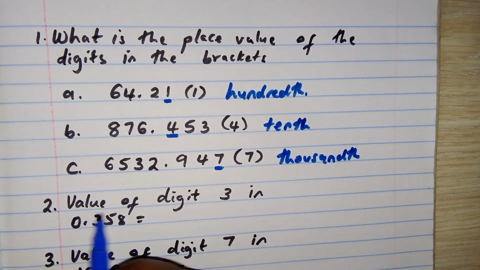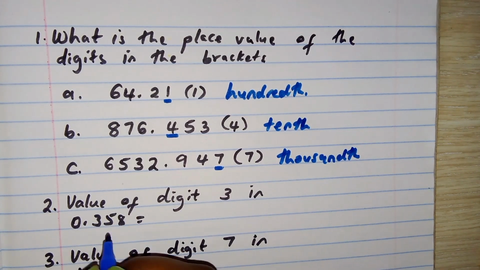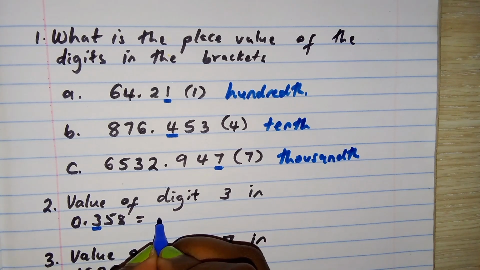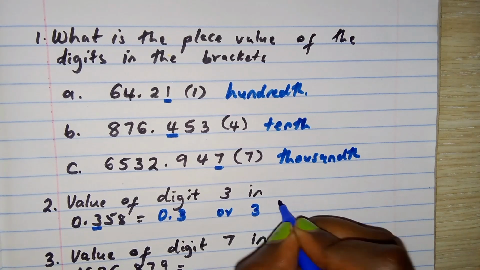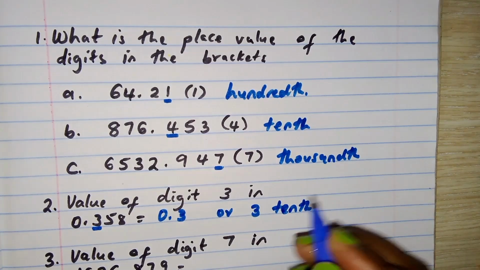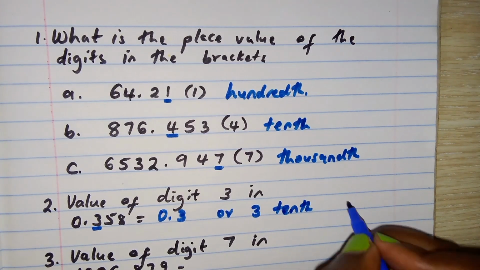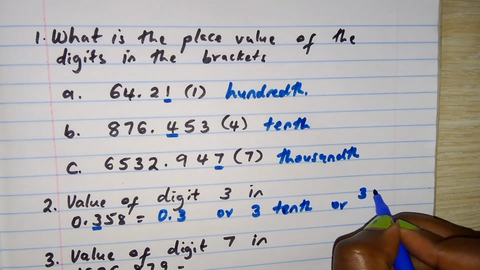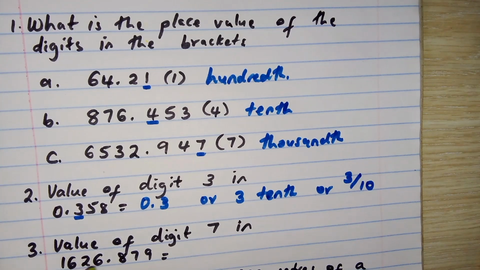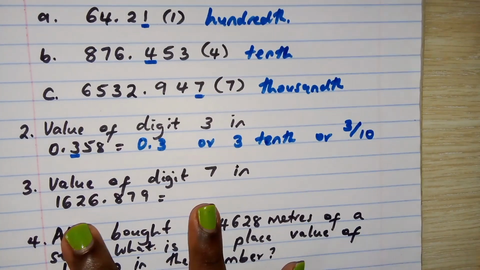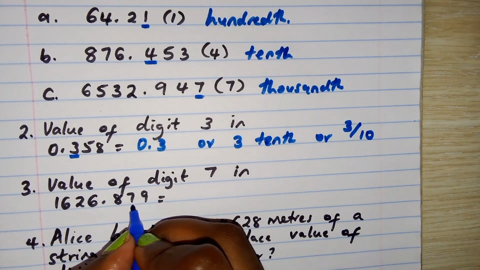Number 2: what is the value of digit 3 in this? It can be written as 0.3 or 3 over 10. Remember, tenth is out of 10, so it can also be written as 3 tenths. The next number: the value of digit 7.